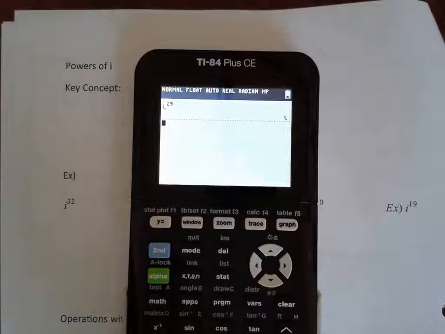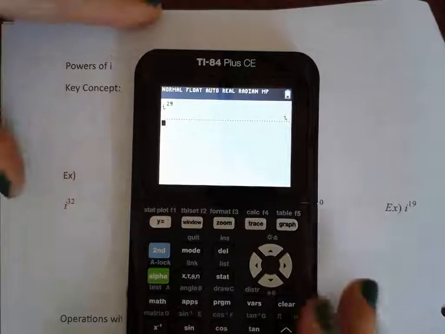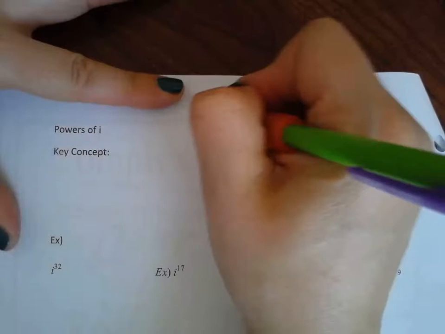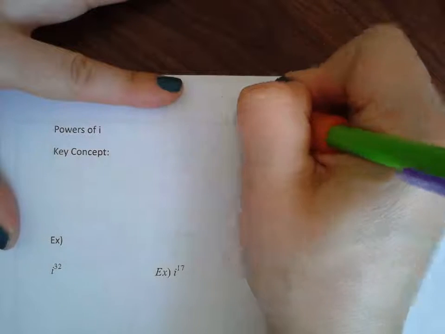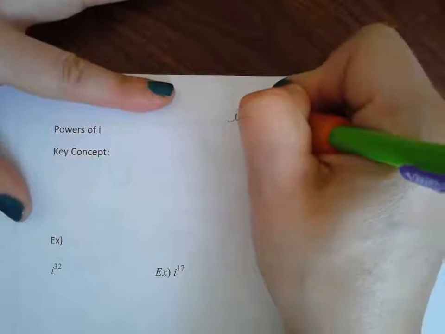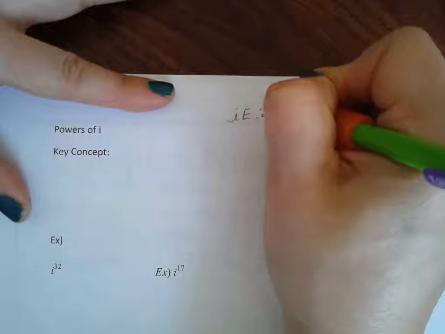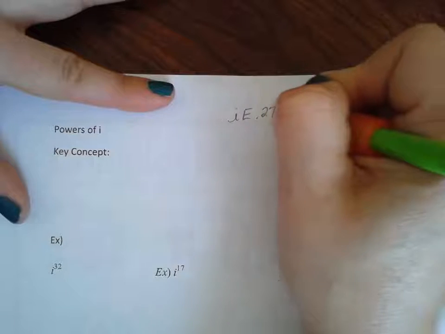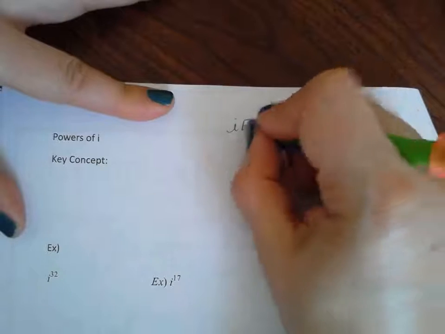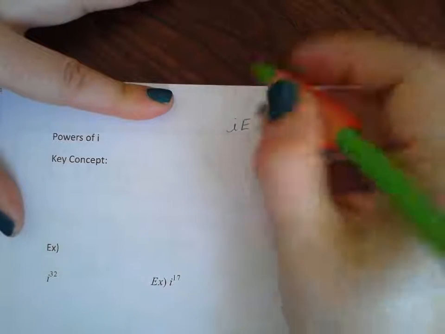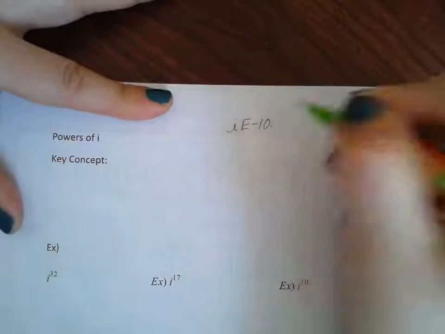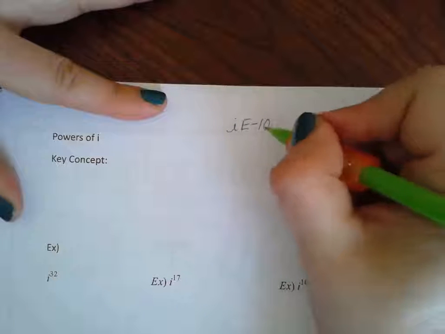The older calculators sometimes give you numbers that have an E in them, and they look something like this. Like you would have i and then E and then 0.278, or maybe there would be like a 10 at the end, like E-10, something like that. They give you really weird answers like this.